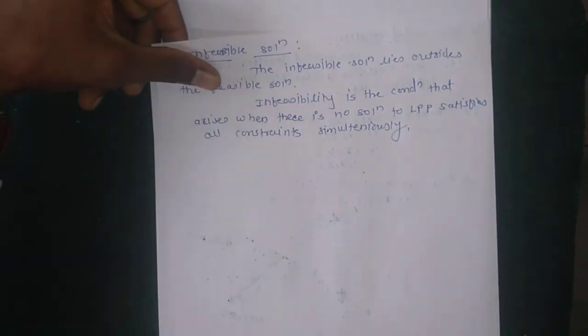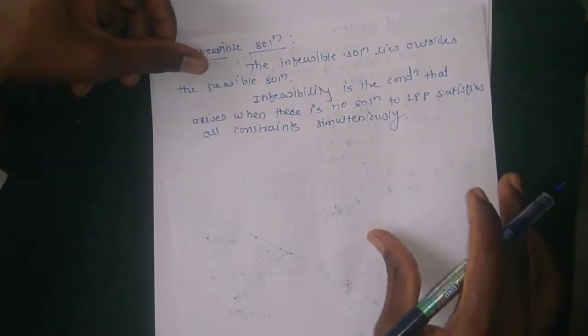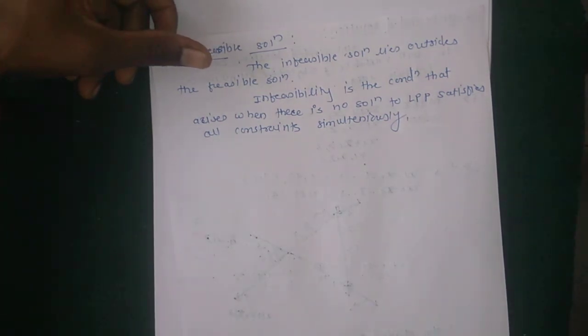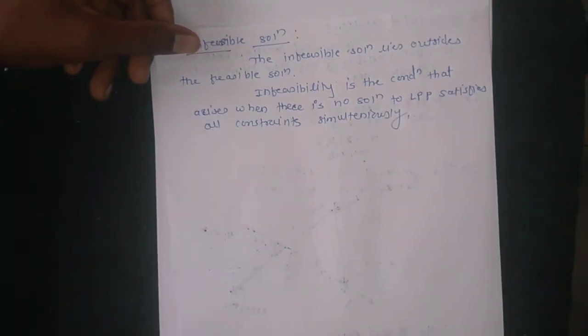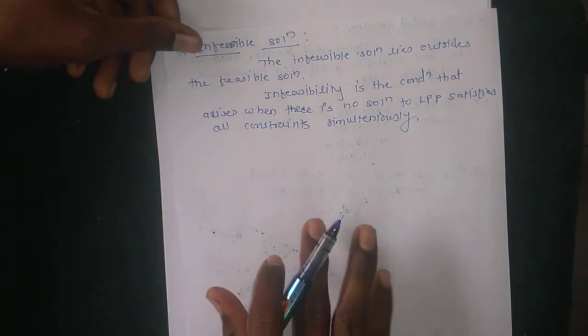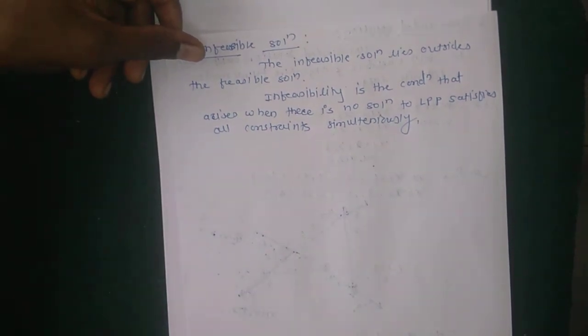That is, if all constraints do not satisfy a common region, or x1 and x2 do not satisfy all constraints, then we say that the given LPP has an infeasible solution.